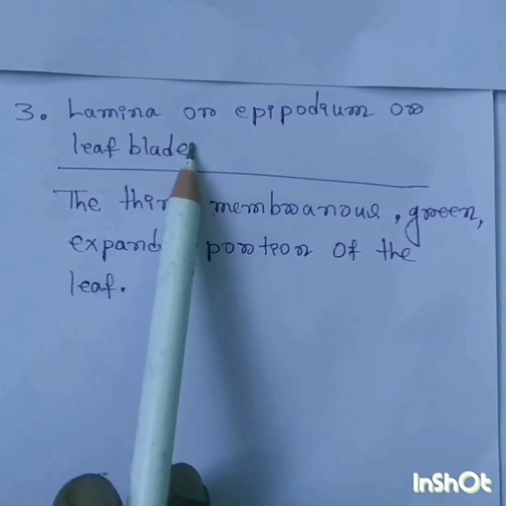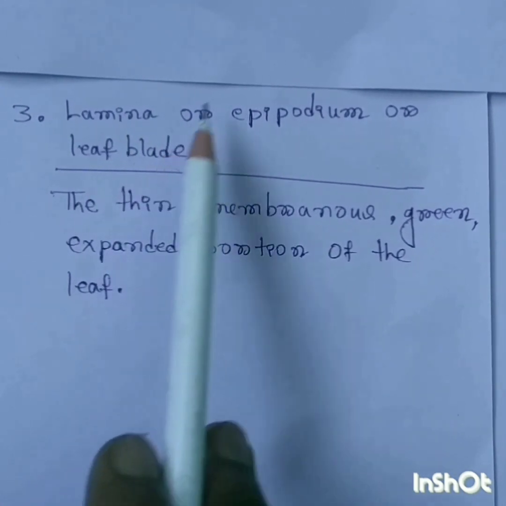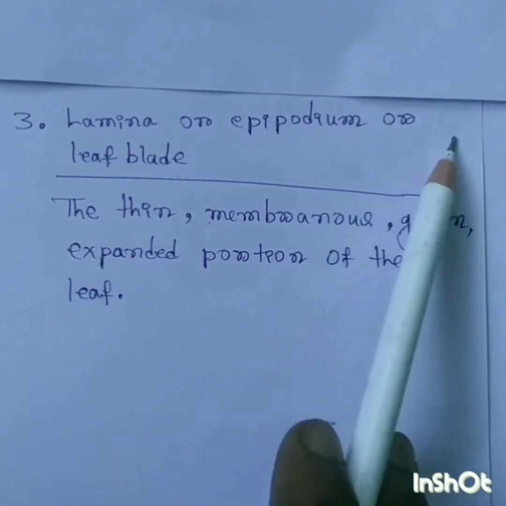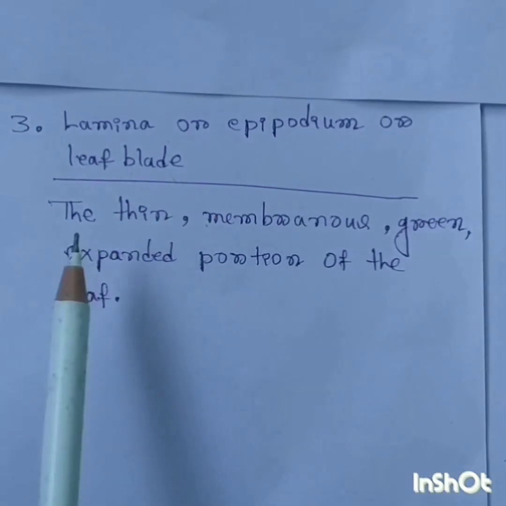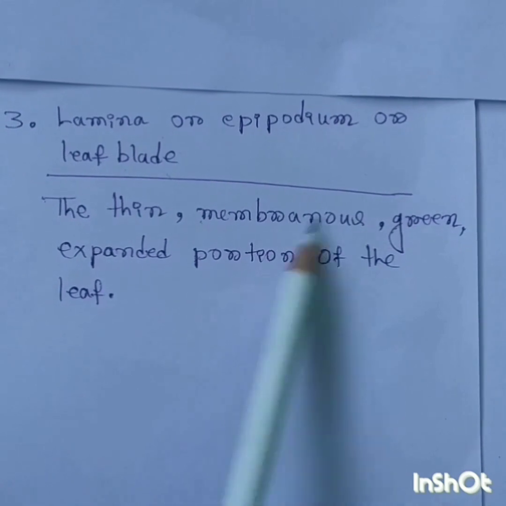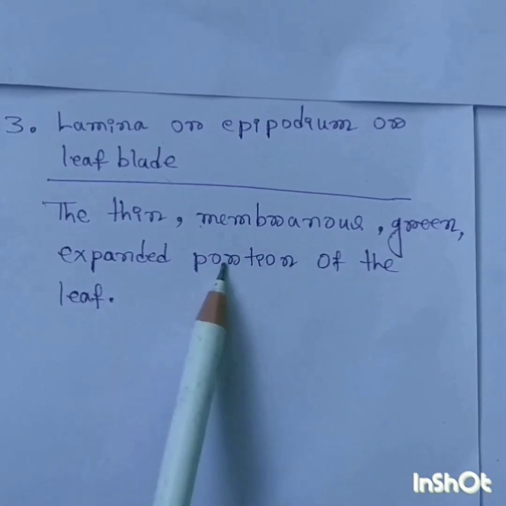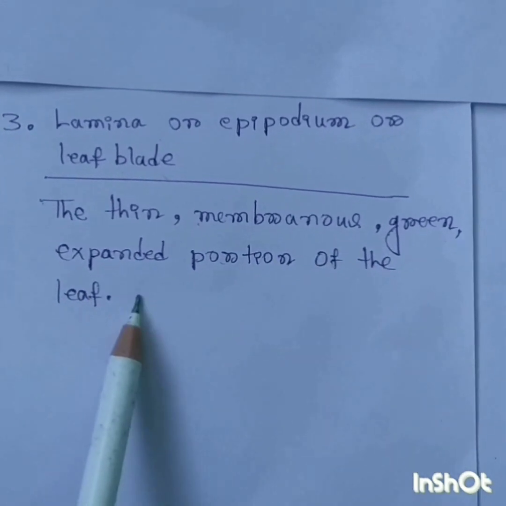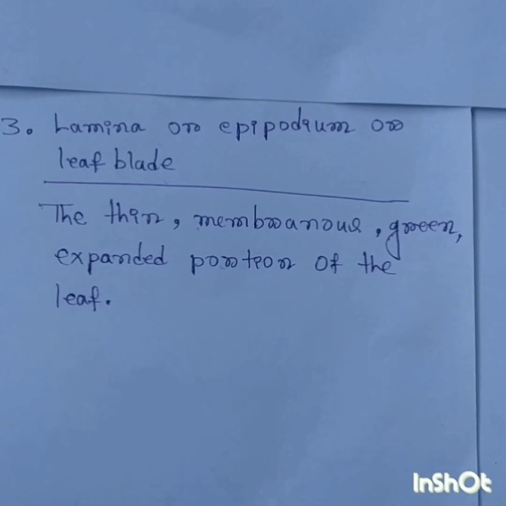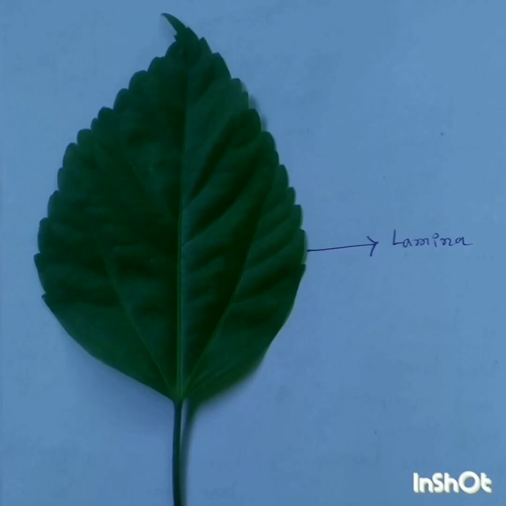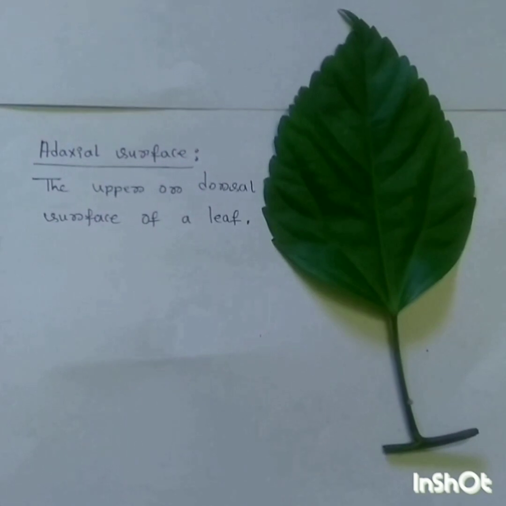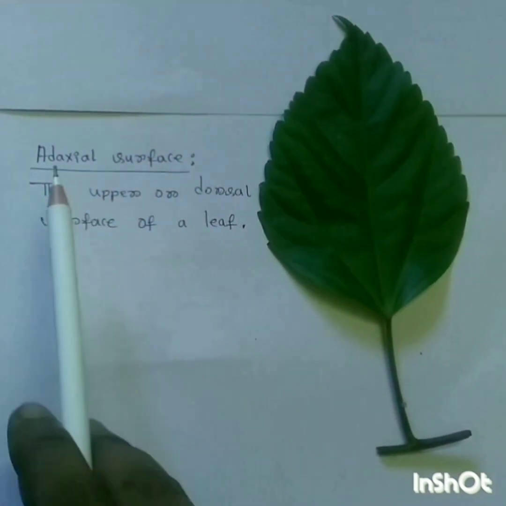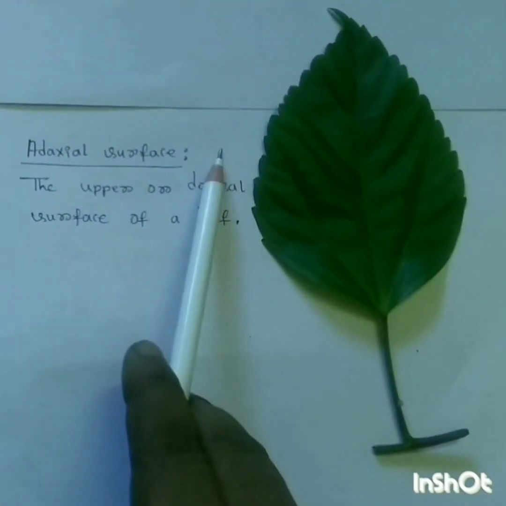The third part is lamina or epipodium or leaf blade. The thin, membranous, green, expanded portion of the leaf. Adaxial surface.